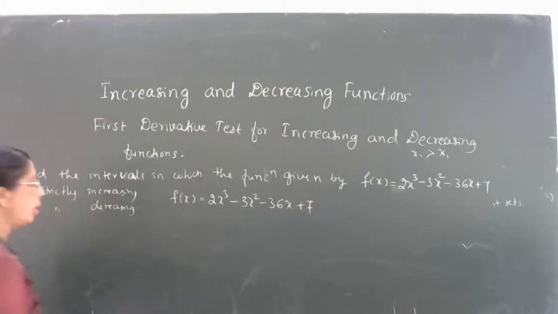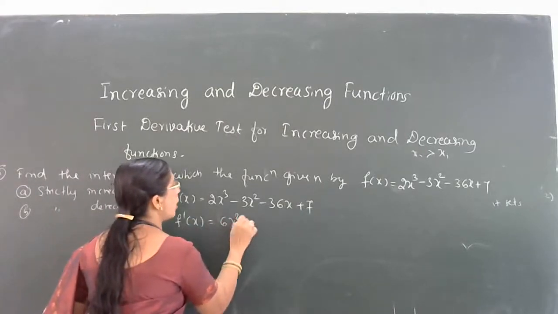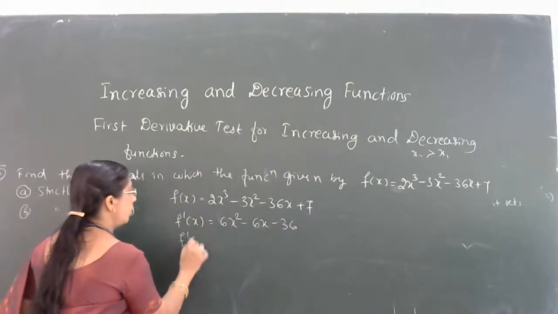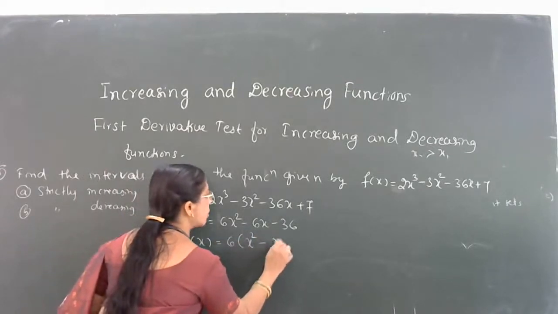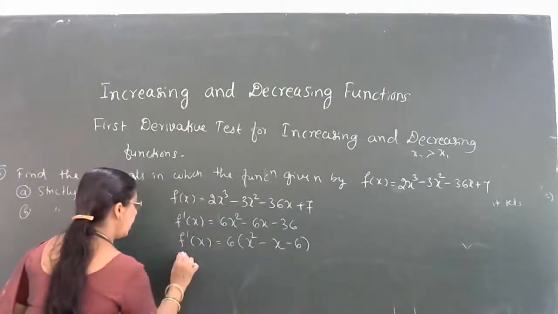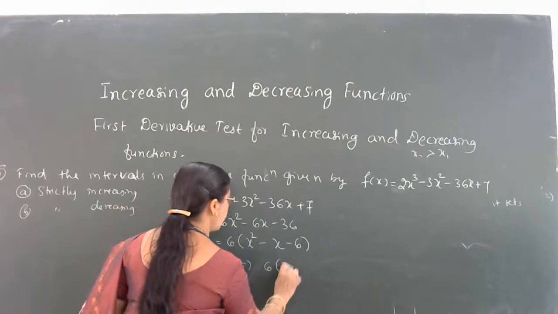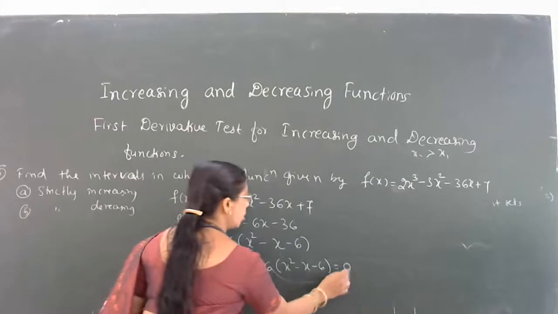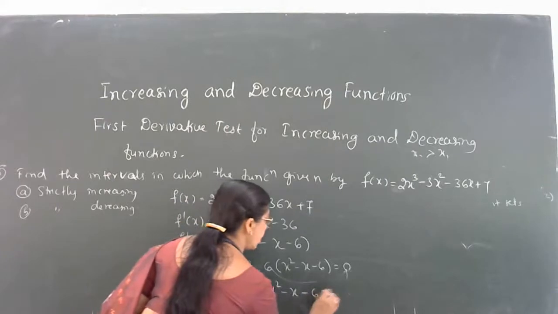First, differentiate the function: f dash x equals 6x square minus 6x minus 36. Taking 6 common, we get 6 into x square minus x minus 6. Equating f dash x equal to 0, it implies 6 into x square minus x minus 6 equals 0. Then x square minus x minus 6 equals 0.